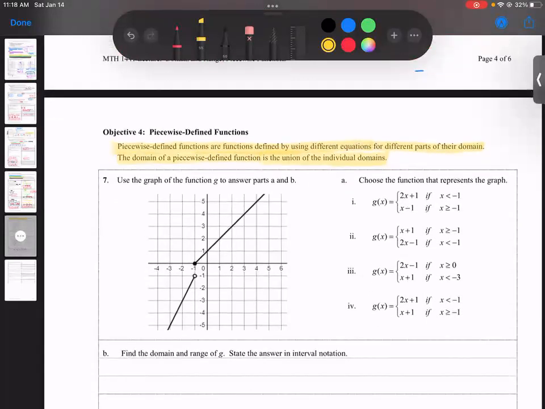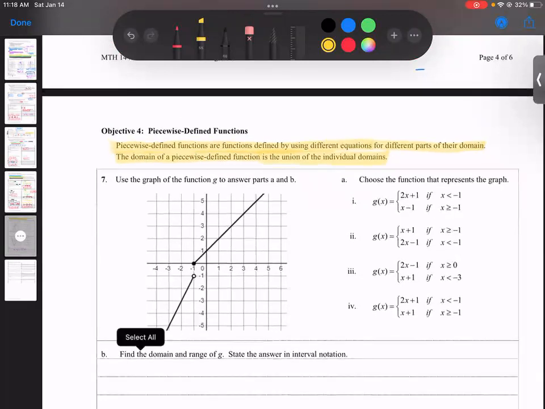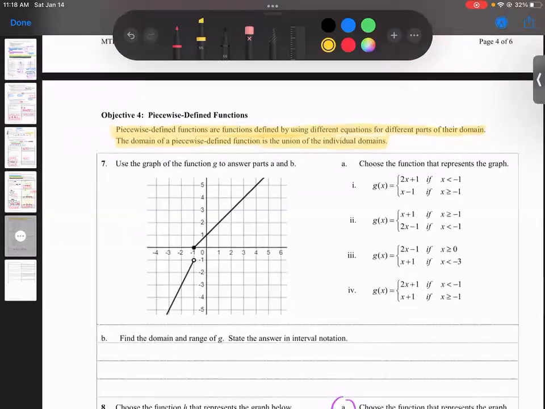Right. So here, take a look at this one. It is a piecewise function because I see two pieces, hence piecewise. The first piece on the left goes from negative infinity up to -1 in terms of x. The first one, let me highlight it in blue, I assume is going to go on forever.